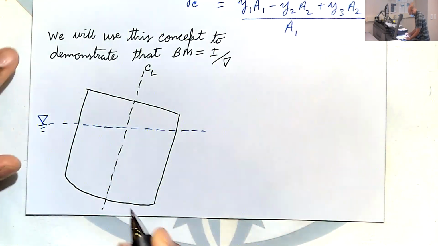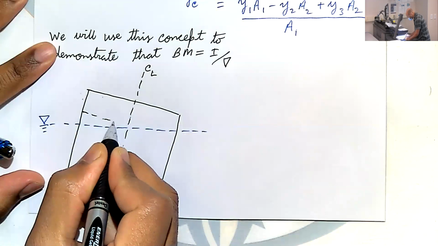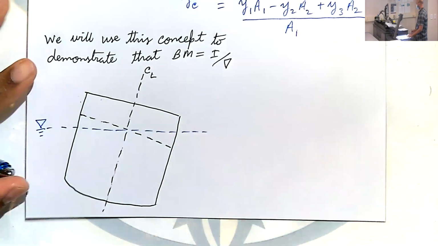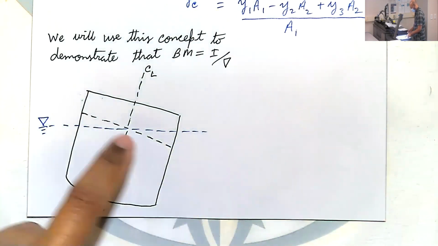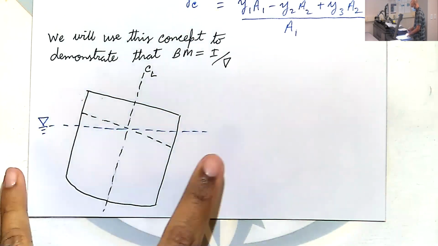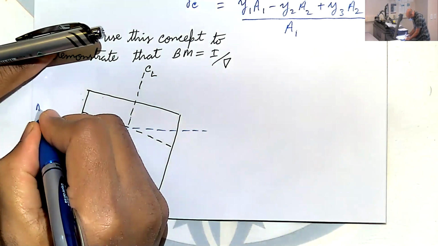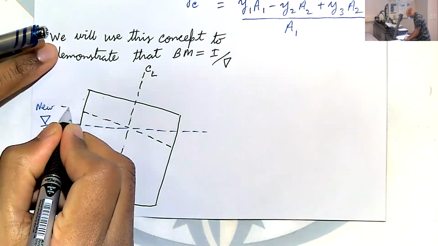Our old water line used to be this. By old water line, I just mean when the hull was upright, this would have been horizontal with respect to the hull. Now the hull is tilted, water level doesn't tilt. So this is new water line, and that we have the old water line.